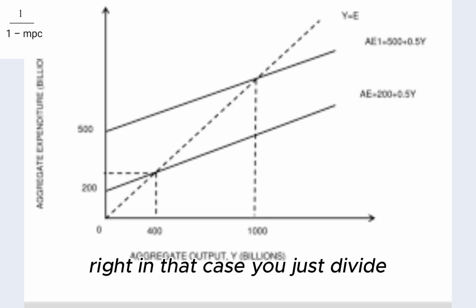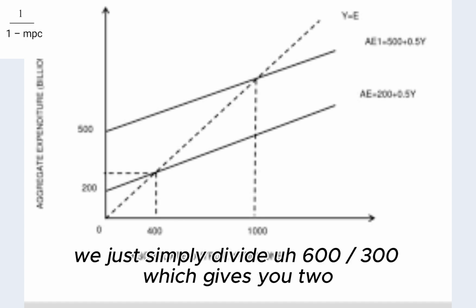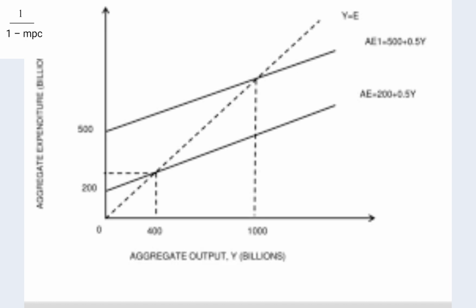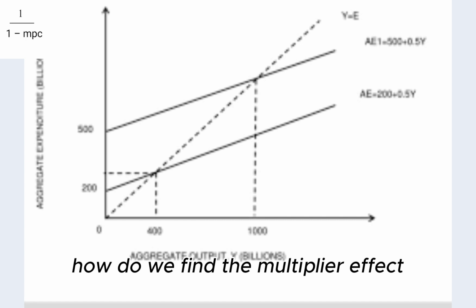In that case, we simply divide 600 divided by 300, which gives you 2. So 2 is your multiplier. Your multiplier is 2.